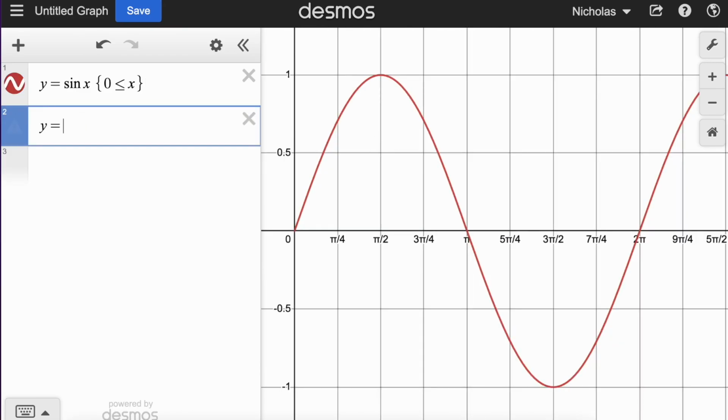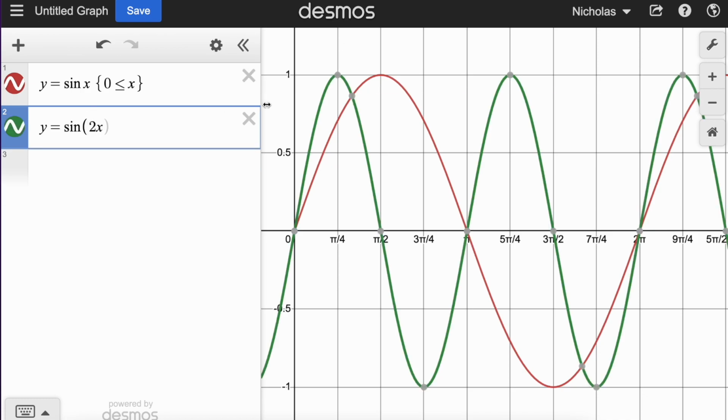I can graph y equals sine of 2x. Notice how in the time it normally would take me to complete one cycle, I actually complete 2 full cycles. Or in the time it takes me to go from 0 to pi, where I'm always positive, that now actually occurs from 0 to pi over 2. So I'm getting twice as many cycles.